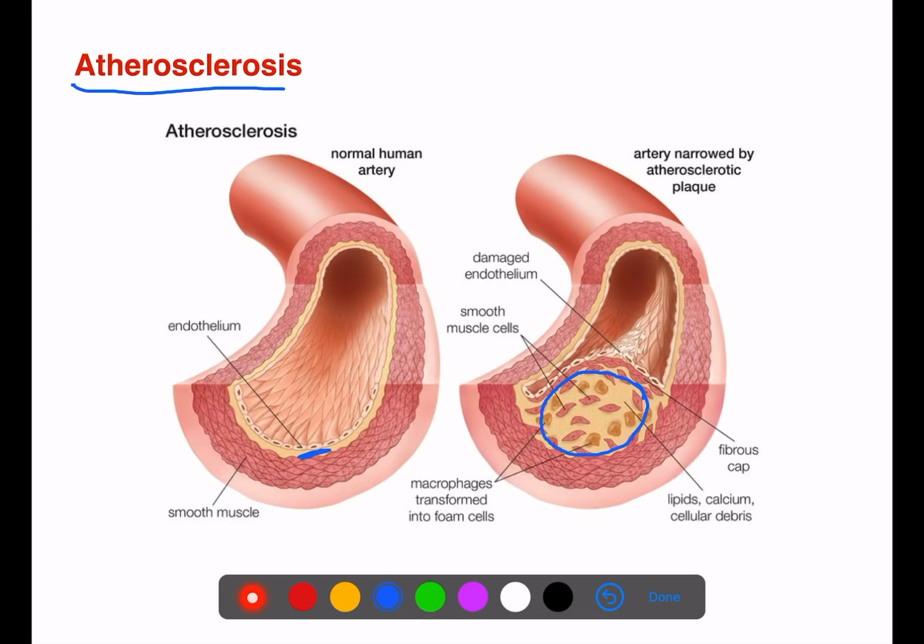This precipitation of lipid may be due to inundation of adipocytes or monoclonal proliferation of foam cells, also due to injury to the endothelia.